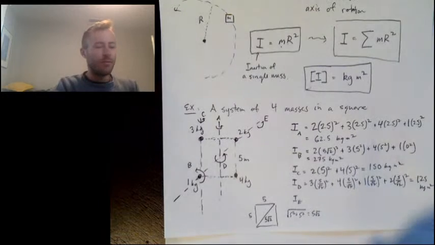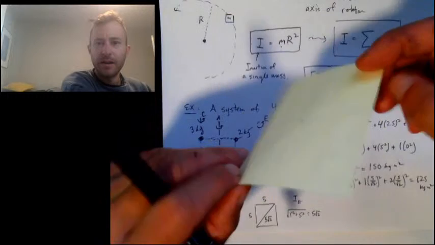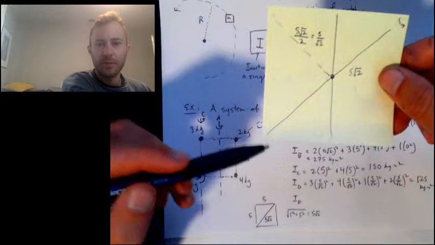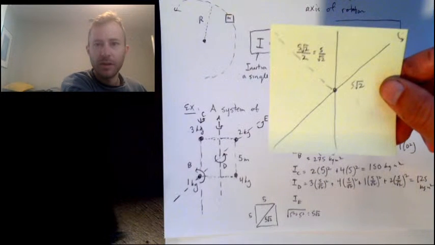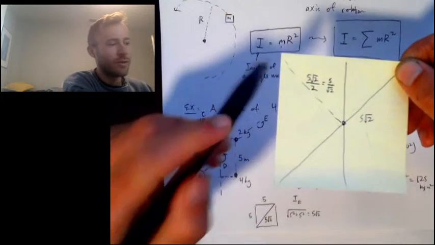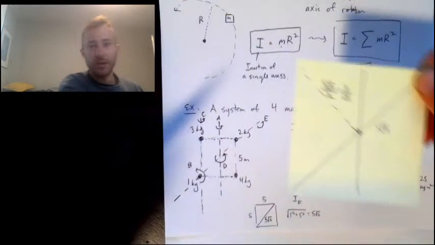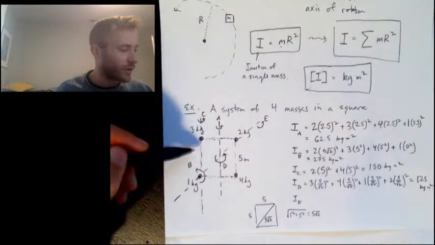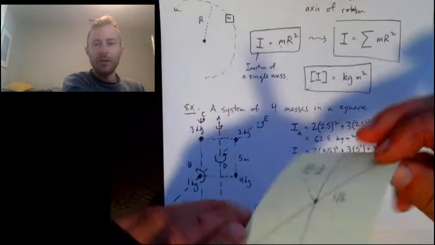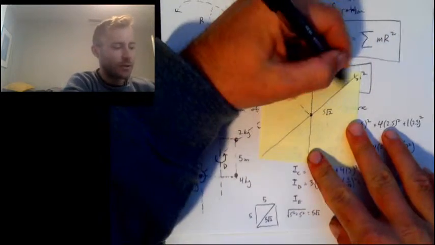All right, so we have one more axis to consider, which is axis E. If I'm rotating about axis E, I can see that the bottom left and the top right corners of the square are on the axis of rotation. So it's only these 2 corners that are going to contribute to the rotational inertia. In this case, it's only the 3 kilogram and the 4 kilogram. Now, how far away are those points from the axis of rotation? Here's my axis of rotation.